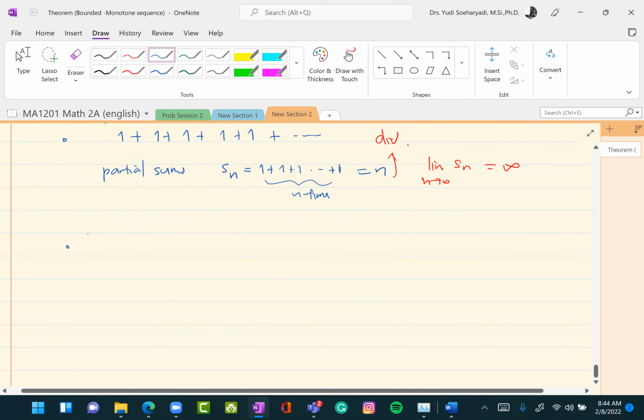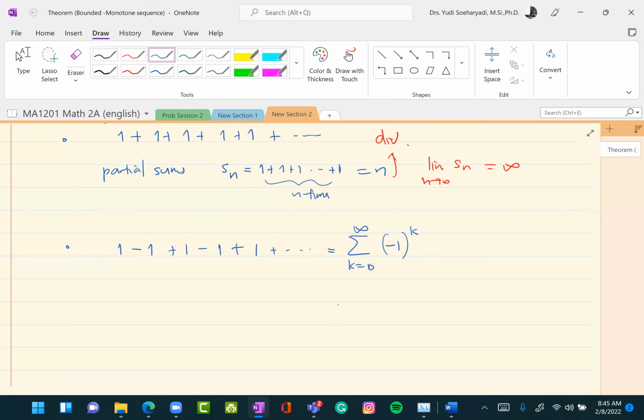All right. What about this one? 1 minus 1 plus 1 minus 1 plus 1. If you write this down in sigma notation, this is k from 1 to infinity, negative 1 to the, start from 0. So you get just an alternating sign.